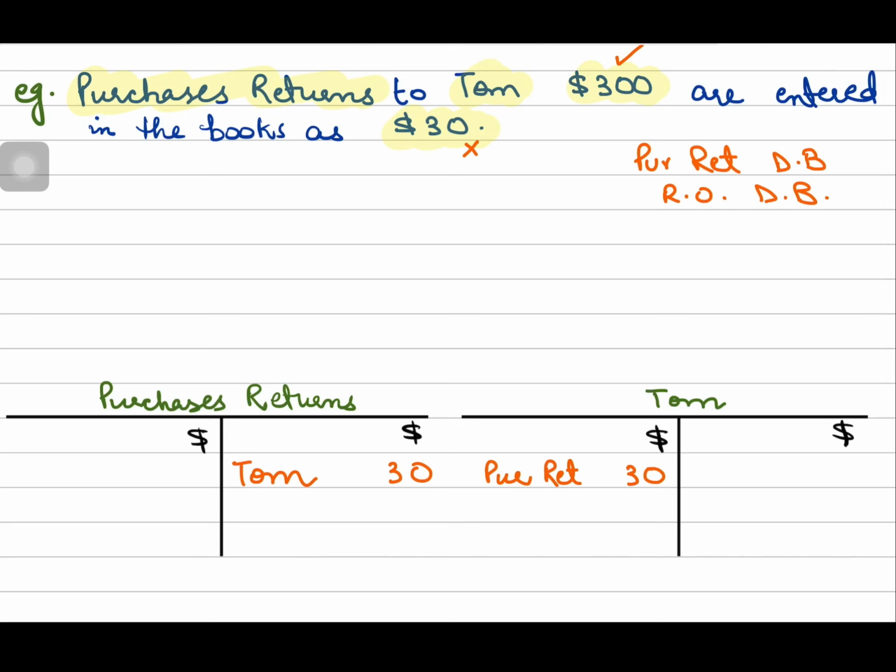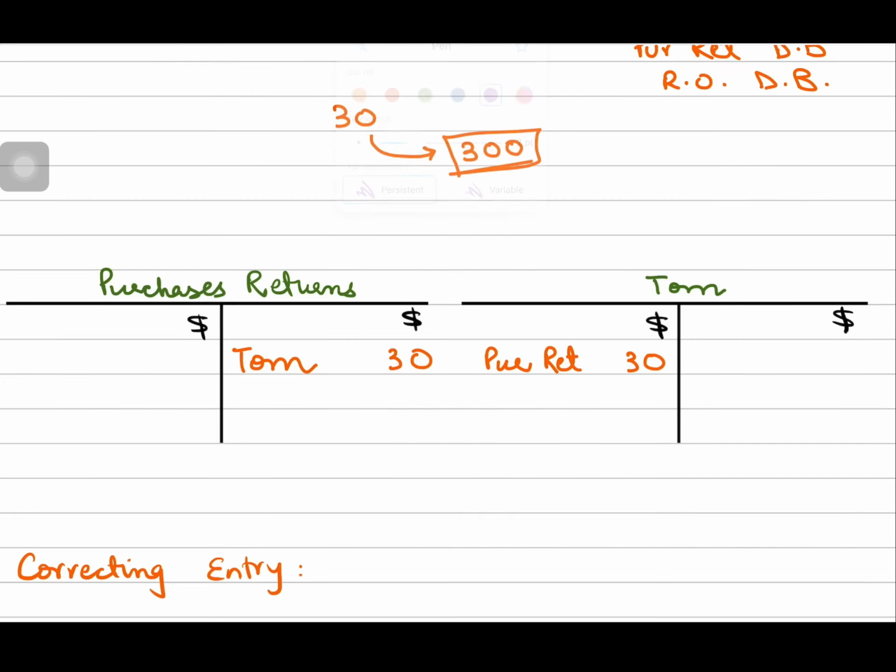But now I have to correct this error so that I bring this $30 to $300, which was the correct value of the transaction. And how can I do this? Just by making an entry on the same sides of the account that was made previously.